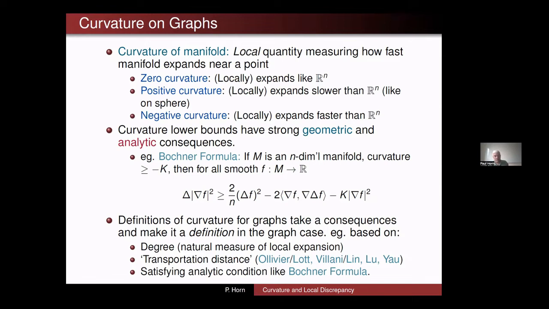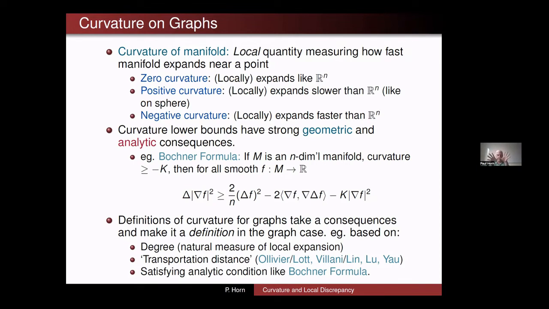So there are notions based, for instance, on the transportation or Wasserstein distance that are based on how well you can couple random walks that start nearby each other. If you have a graph that closes up on itself, then you can couple random walks together.